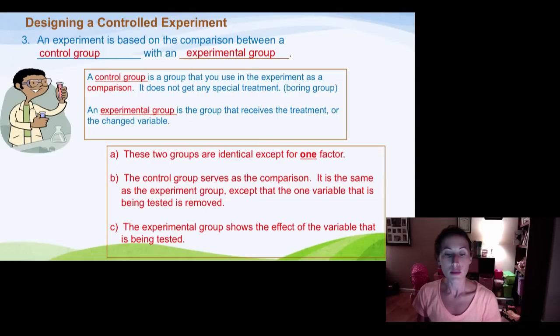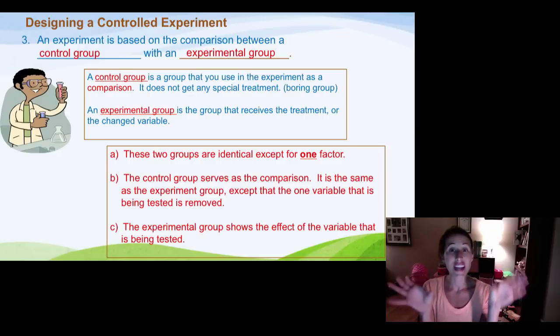An experiment is based on the comparison between a control group and an experimental group, okay? A control group is the one that you use in the experiment to compare with. We call that maybe the boring group, okay? They don't get any special treatment. The experimental group is the group that receives that treatment or the changed variable.